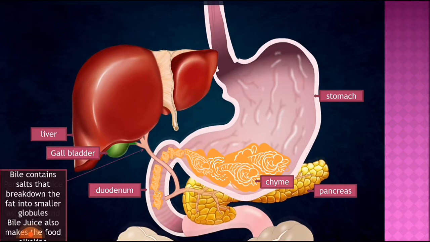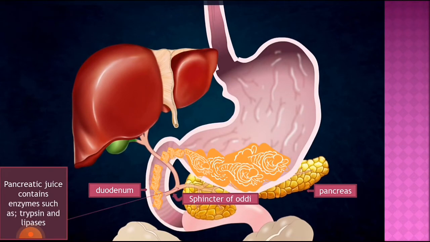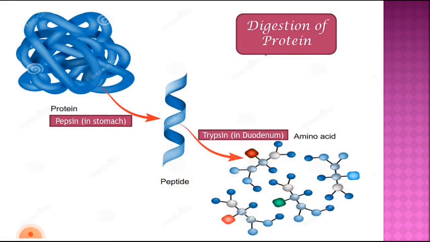The pancreas secretes pancreatic juice that contains enzymes such as trypsin that helps in further breakdown of peptones into amino acids. They are the same peptones which are formed in stomach when pepsin acted on the proteins and converted them into peptones and proteoses.